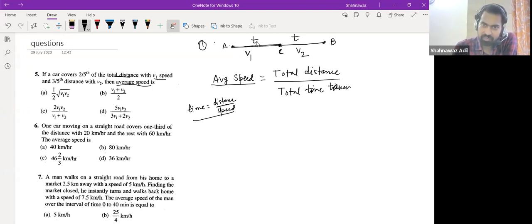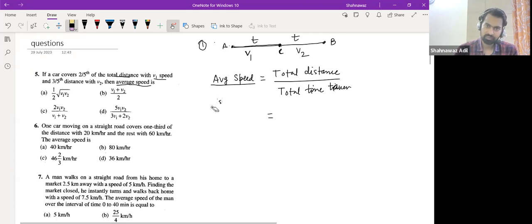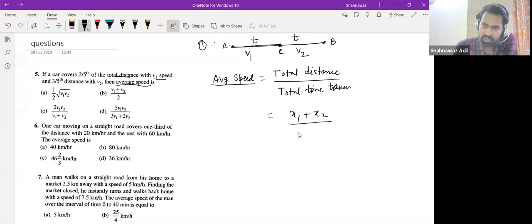So half time at this velocity, this is speed, and half time at this. So the formula would be the same, but distance is what? Let's say this is x1 plus x2 divided by t plus t.